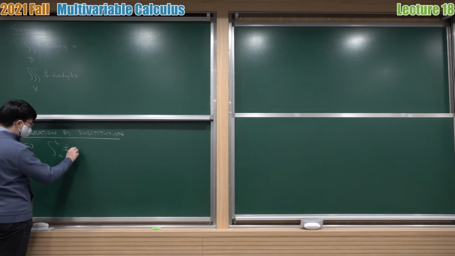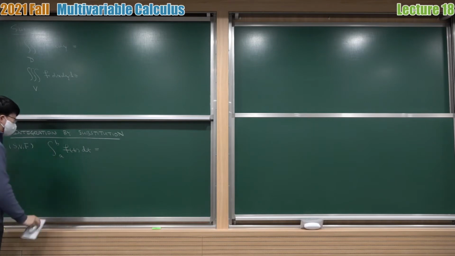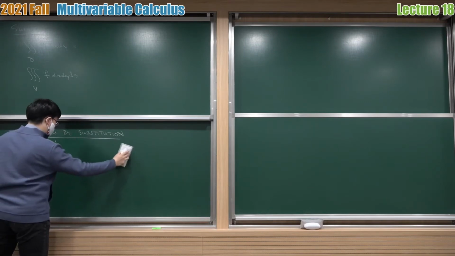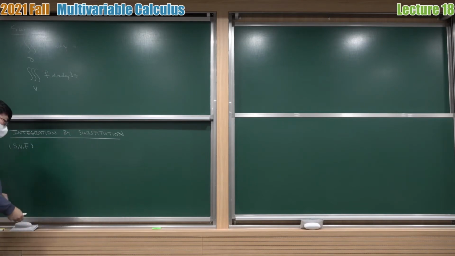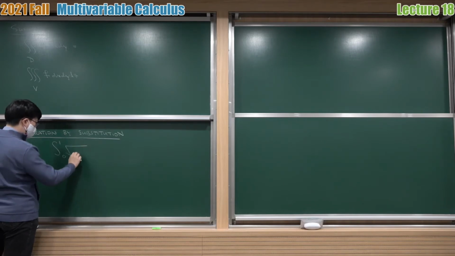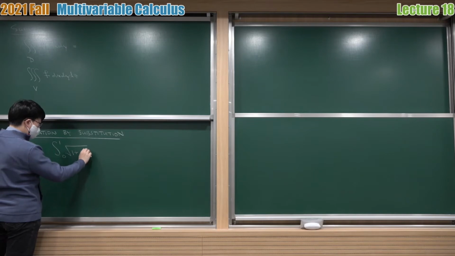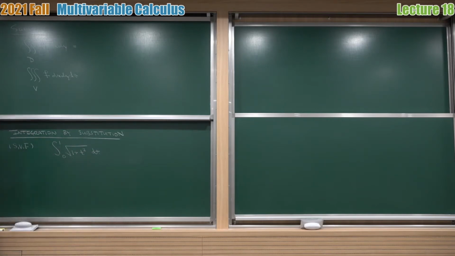Let me give an example here. If you want to integrate from 0 to 1 of the square root of 1 minus t squared dt, what do you do?